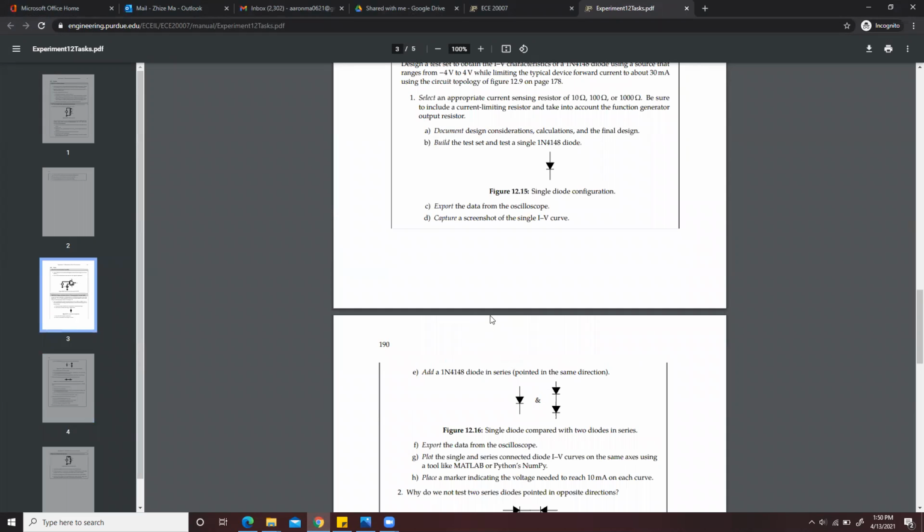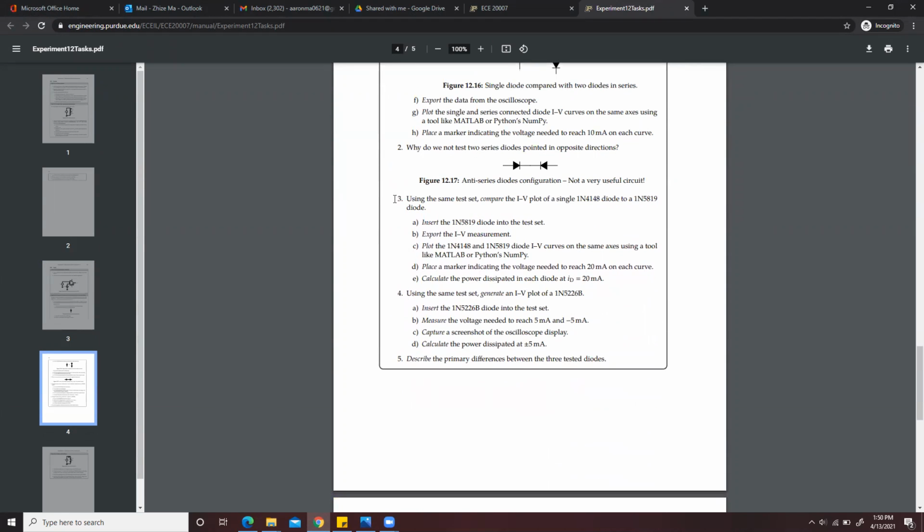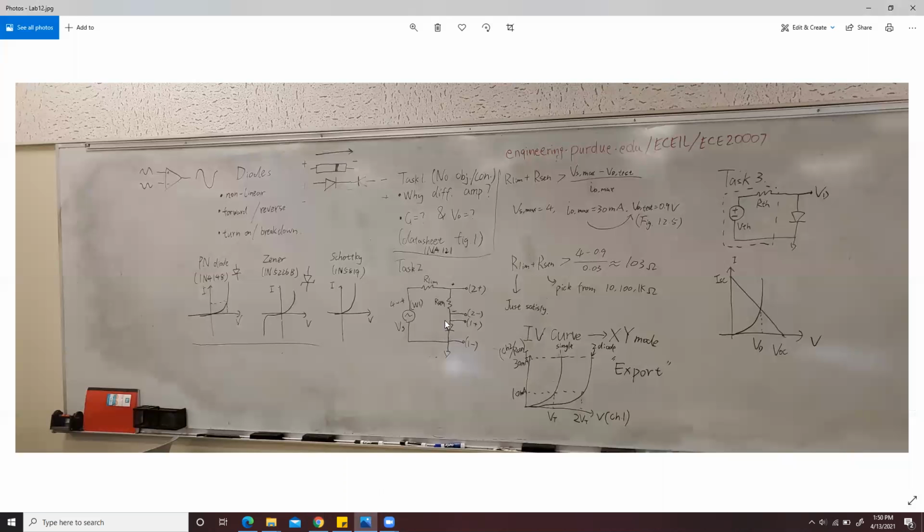So that's how you get the current and voltage curve. And then the rest of the task should be similar. You just replace the diode with the Zener diode and the Schottky diode.